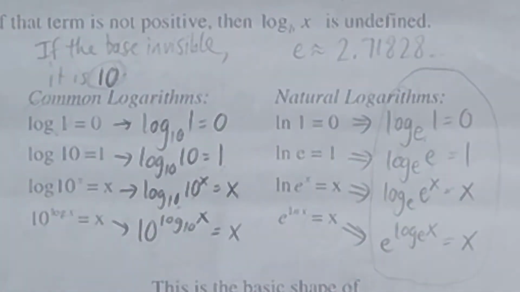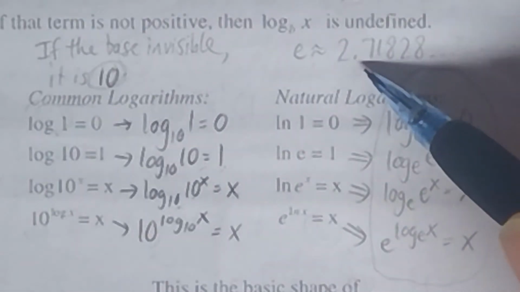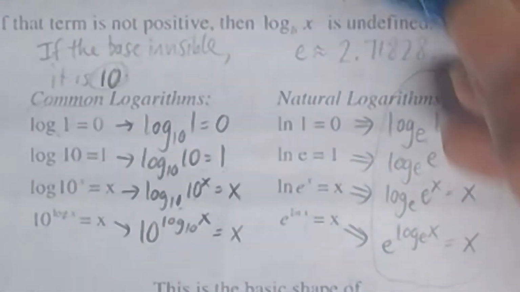Okay, e is actually a constant number. It's kind of like i, where i is equal to the square root of -1. It's a letter when you write it, but it's equal to a constant number, so it's not a variable. Variables change from one problem to another. e will always be equal to approximately 2.71828.